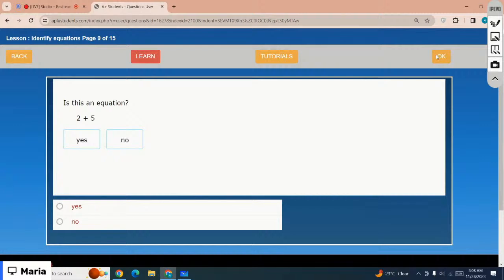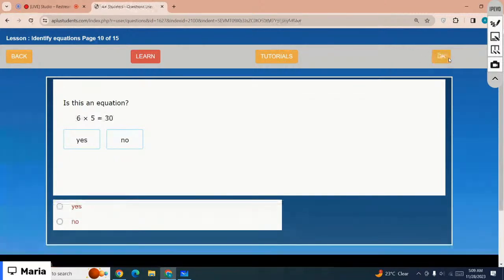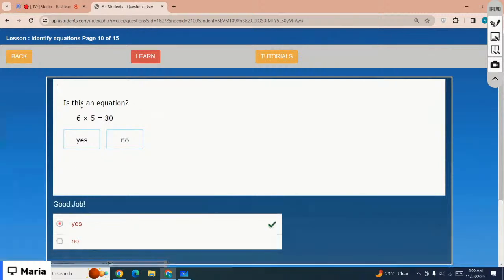The correct option is again no, that is without an equality sign. Is this an equation, 6 times 5 equals 30? Yes, it is an equation. You can complete the lesson by yourself later today. So let's move on to the next lesson.